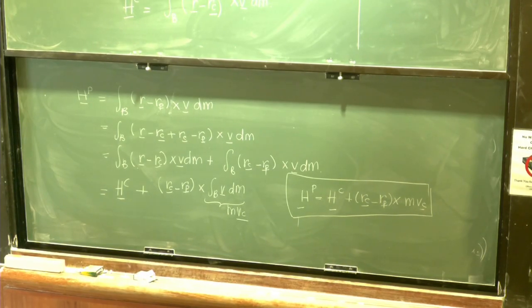So I will start with the expression of HC, the integral of R minus RC cross V dm over the body. Okay, any questions before I continue?